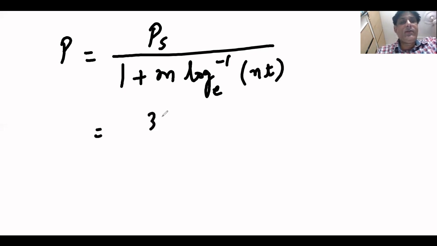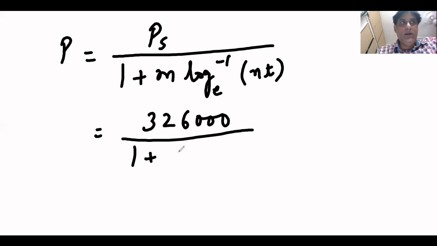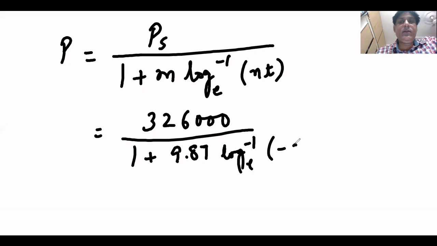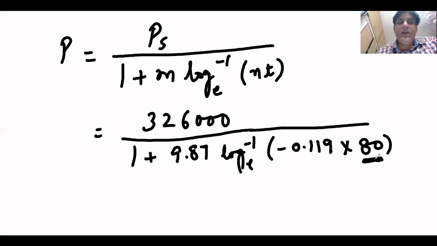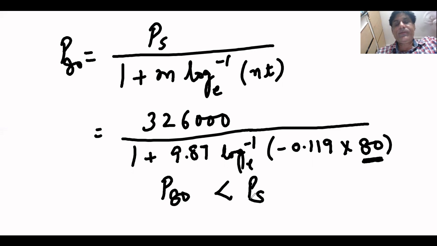Saturation population was 3,26,000 divided by 1 plus 9.87 e to the power of minus 0.119 into 80. This is important, and whatever the value of P80 comes out to, it will be less than the saturation population, right? So this was the last of the population forecasting methods.